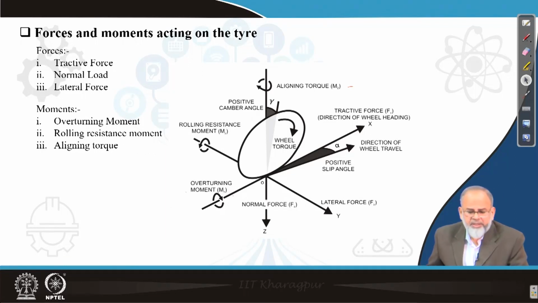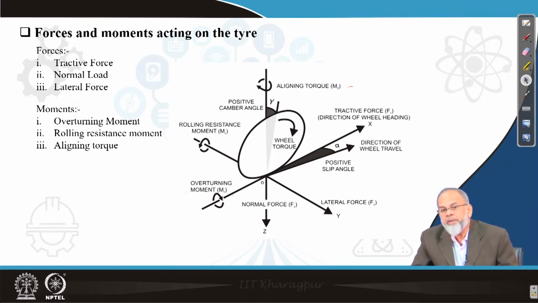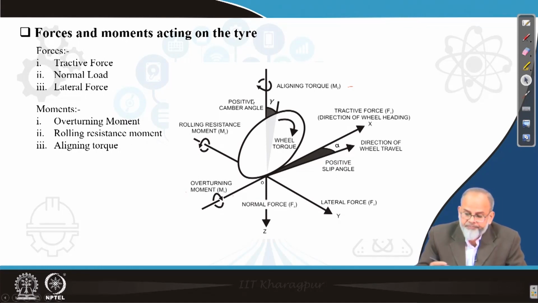Now the next important thing is, what forces and moments are acting and how do you represent them? To describe the forces and moments acting on a wheel, we have to take the help of an axis system recommended by the Society of Automotive Engineers, where there will be three forces and three moments, indicated in this figure which you can see on the right side.